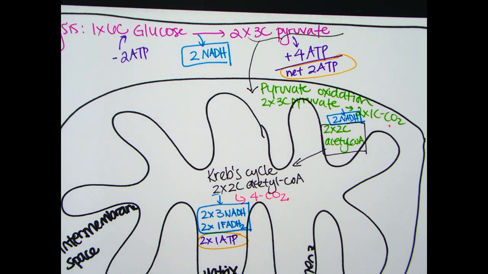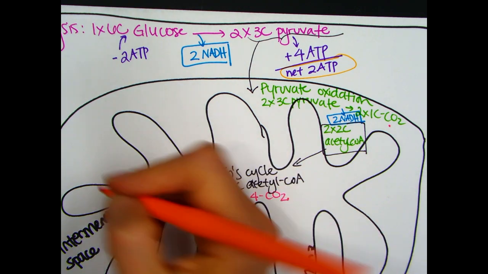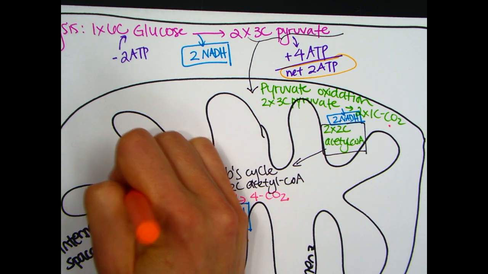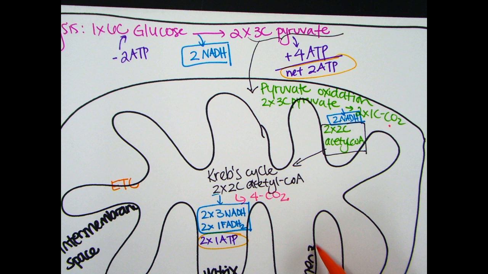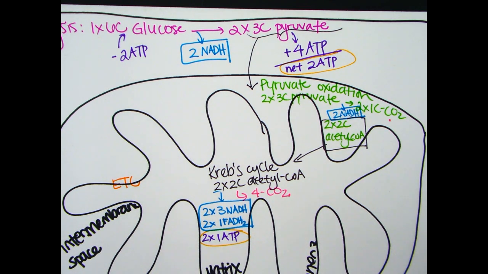So the electron transport chain, what color do I have left? We will make it orange. The electron transport chain happens in the inner membrane. It is physically located in the membrane of the mitochondrion. And I found a really excellent drawing online. It is a still from a Khan Academy video.